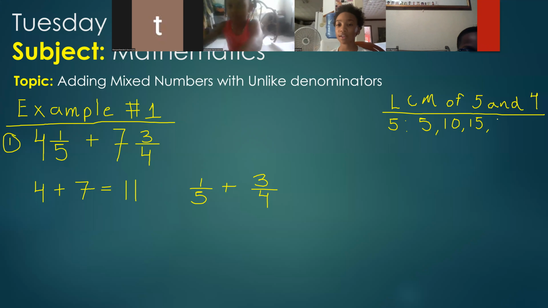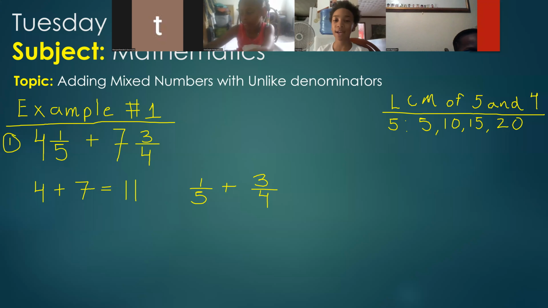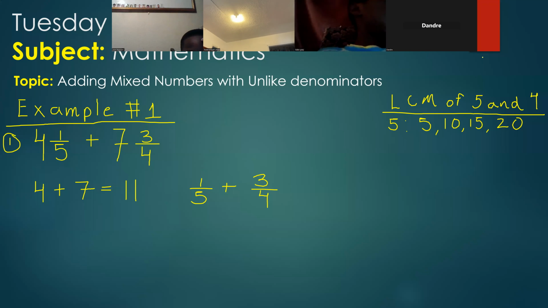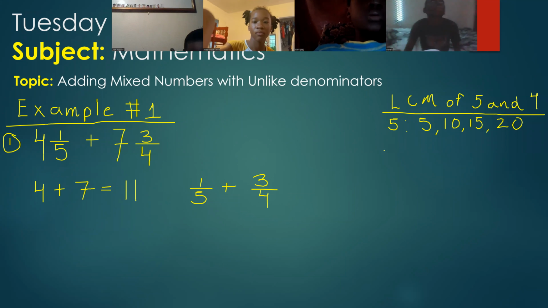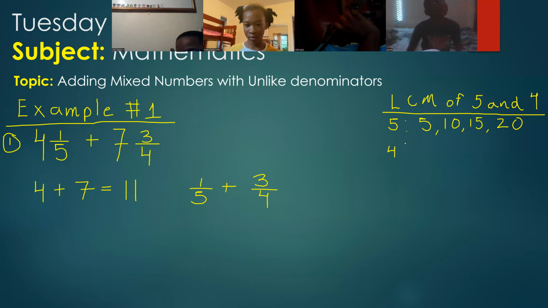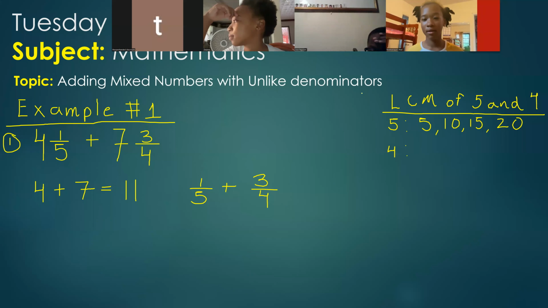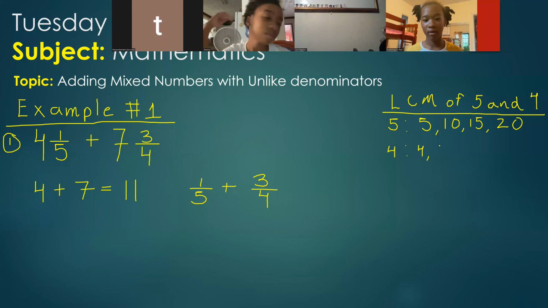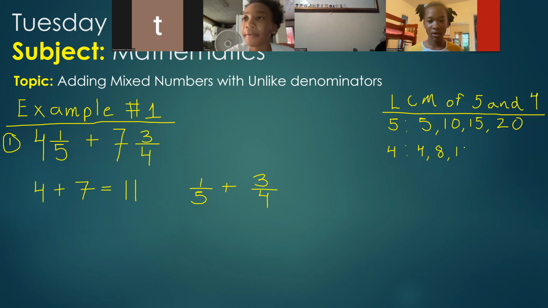Tedranic, what are the multiples of 4? 4, 8, 12, 16, and 20.